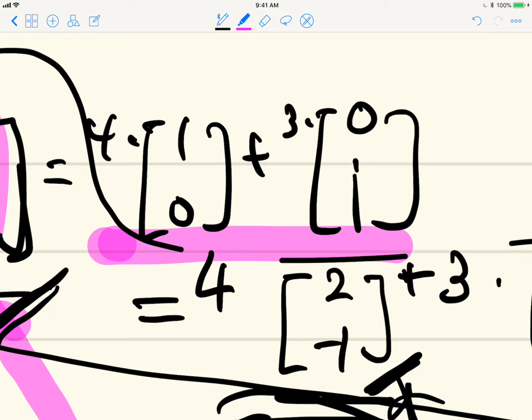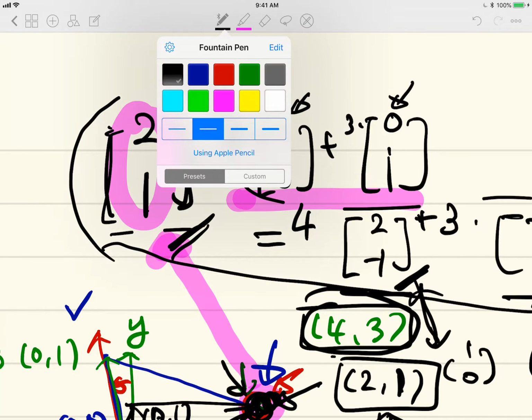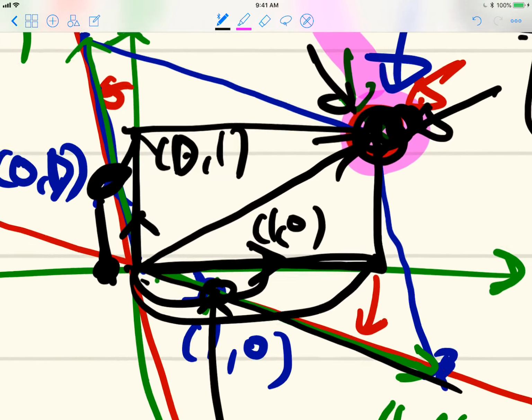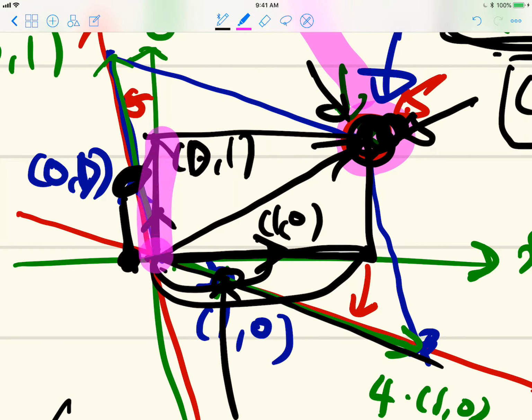This is really trivial to decompose it into a linear combination of the standard basis vectors 1 0 and 0 1. And this representation should be 2 and 1, right? This representation is geometrically corresponding to this rectangle, using the 2 standard axes, 1 0 and 0 1.